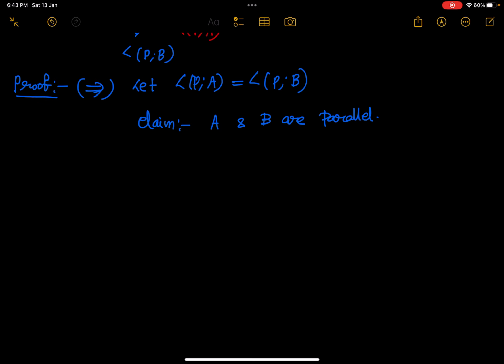So we take any point on this line L of P, A, other than the point P. So this is the line, this is P, this is the direction. We take any other point, let's say P plus A.